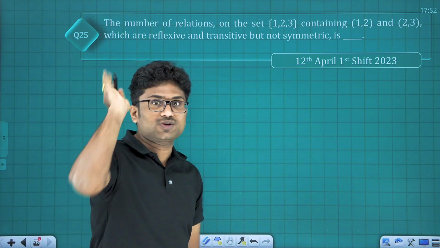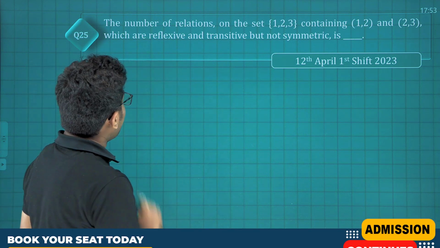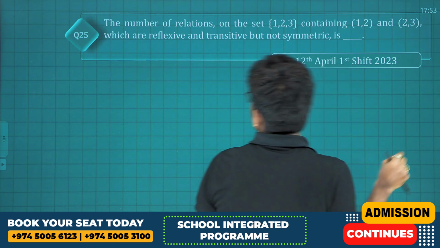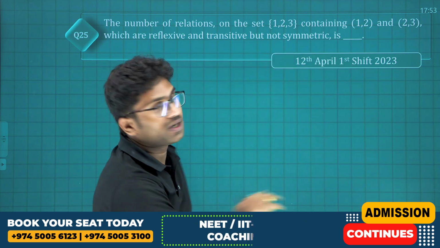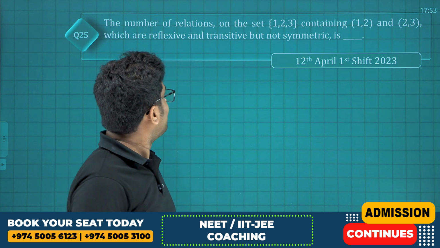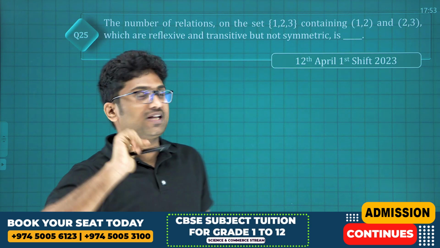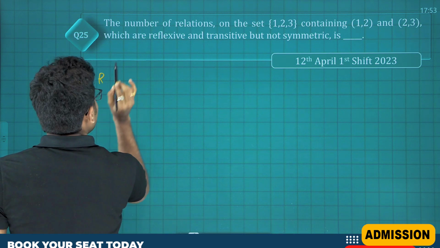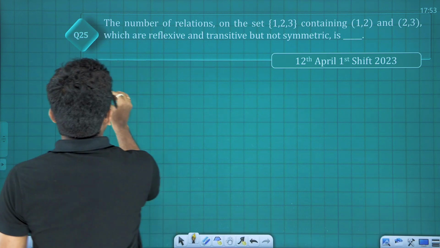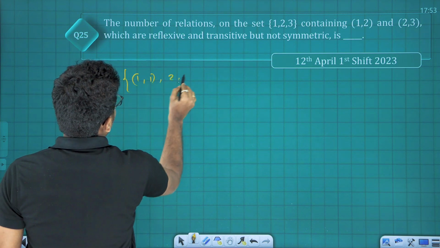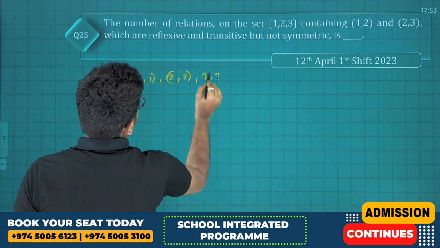Last question. The number of relations on the set {1, 2, 3} containing (1, 2) and (2, 3) which are reflexive and transitive but not symmetric. To make it reflexive, (1, 1), (2, 2), (3, 3) should be there.